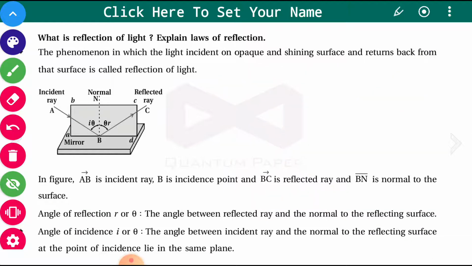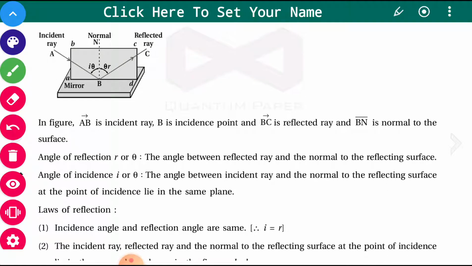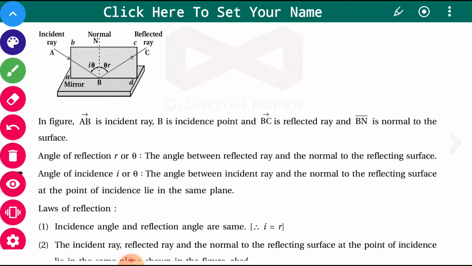In this activity, it is also referred to. See, this is the plane which is shown, in which there are the incident ray and the reflected ray. This is the mirror. This is the incident ray making an angle theta i, and this is theta r. And this is the normal drawn at the point of incidence.